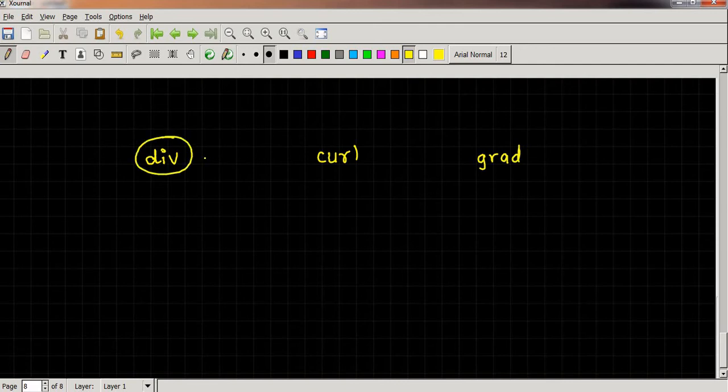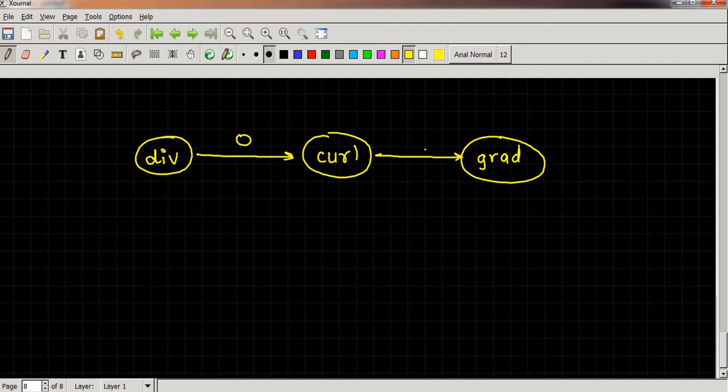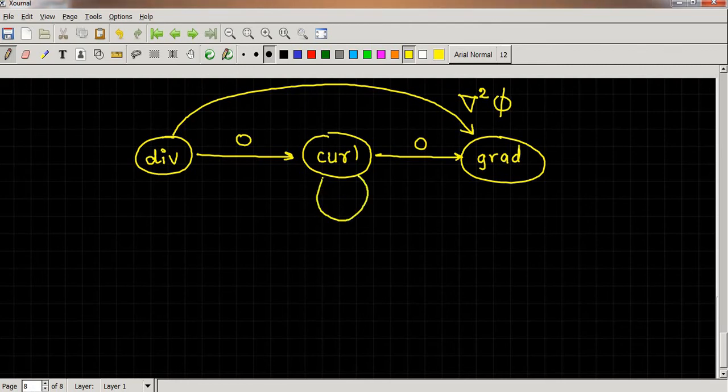We already know when we operate divergence on curl of a vector point function, we get 0. When we take curl of gradient of scalar function, we get 0. If we operate divergence of gradient of scalar function, then we get Laplace of scalar function. But if we operate curl on curl of vector point function f bar, then we get gradient of divergence of f bar minus Laplace equation of f bar.